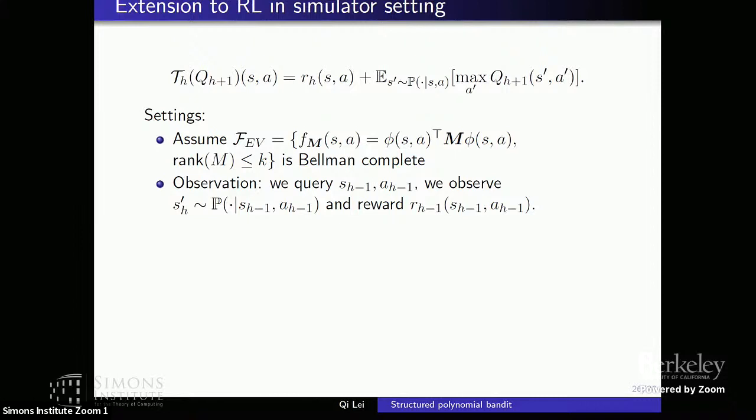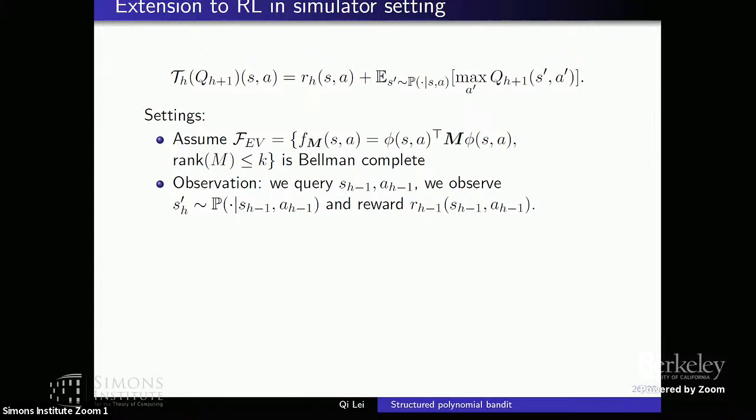And we look at the simulator setting, meaning that at each round, we can freely query the state action pair and observe the next state based on an unknown dynamic function. And we also receive the reward R at the sampled state action pair.